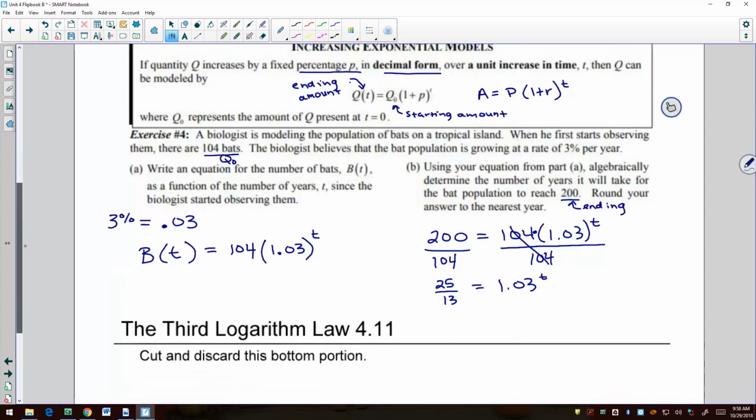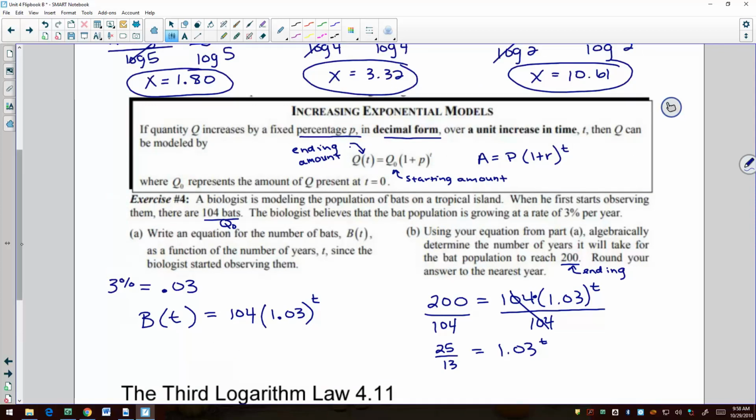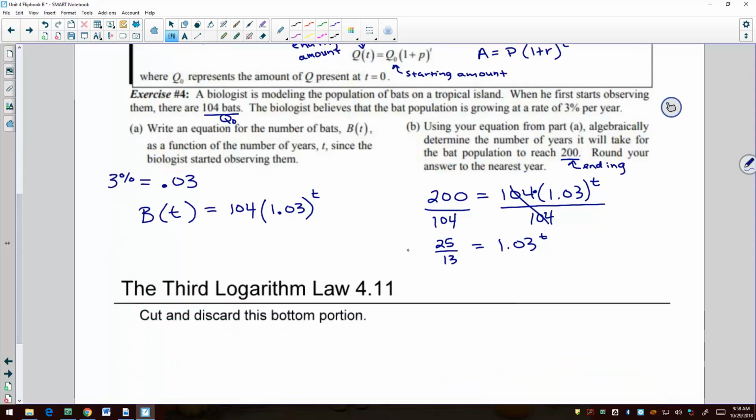Now, I can log both sides so that the t will drop down to the front. So I'm going to rewrite this as the log of 25/13 equals the log of 1.03 to the t. Now that I logged both sides, I can have the t drop down to the front. So this becomes the log of 25/13 equals t times the log of 1.03.